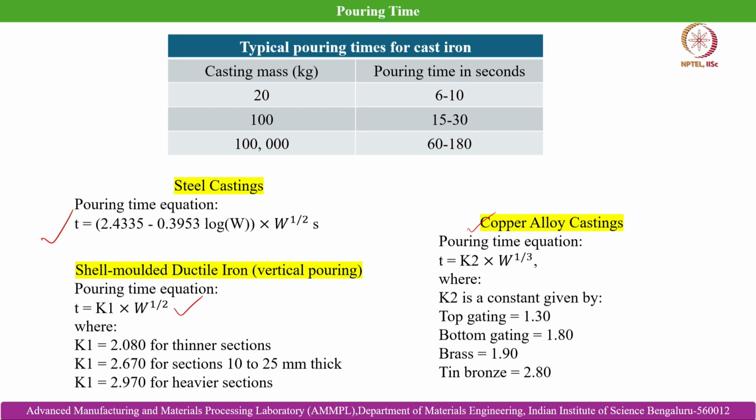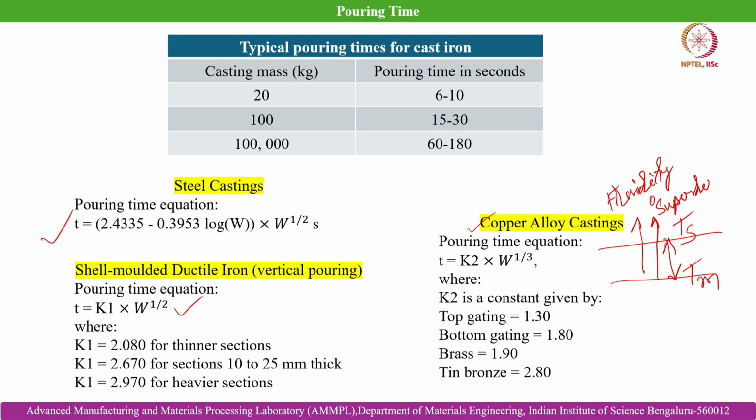Pouring time also depends largely on the pouring temperature, because when we have a higher pouring temperature, that means the gap between the equilibrium melting temperature and the superheat temperature is larger. I can term it as Ts, the superheat temperature, and Tm, the melting temperature, in the case of pure metals. As the degree of superheat increases, the fluidity also increases accordingly. So, this is fluidity, and this is the degree of superheat.